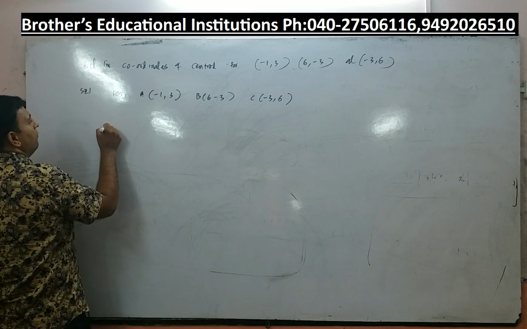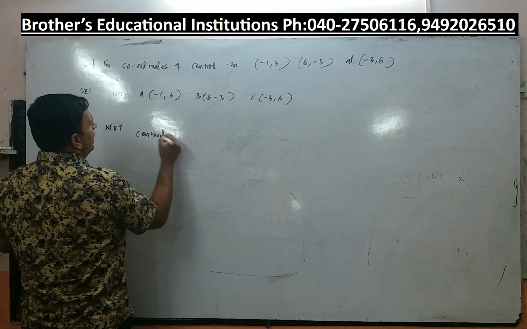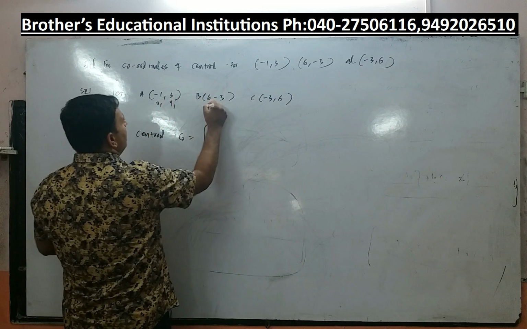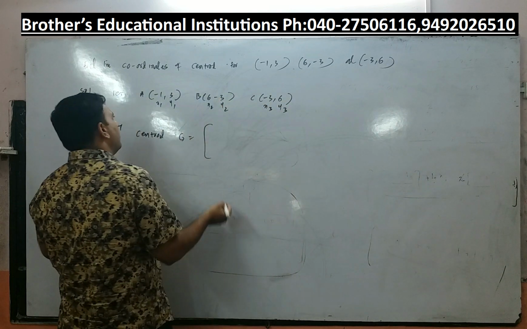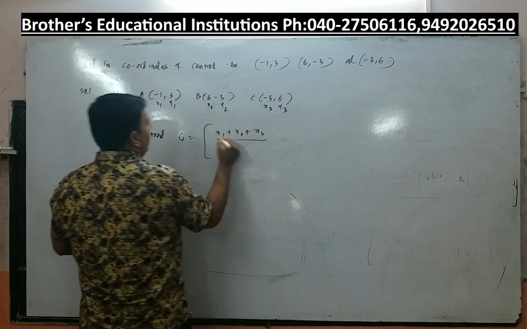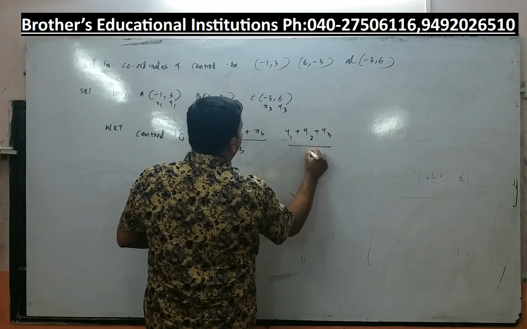So now we know that centroid G is equal to, this is x1, y1, x2, y2, x3, y3. How do you apply the centroid formula? (x1 plus x2 plus x3) by 3, comma, (y1 plus y2 plus y3) by 3.